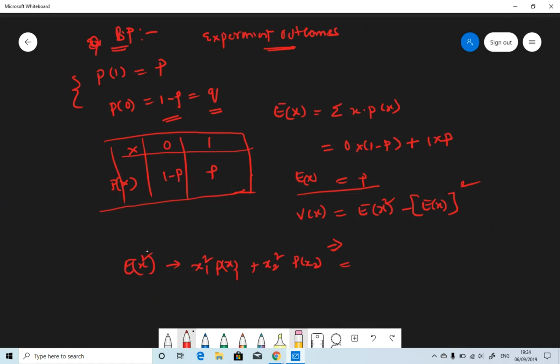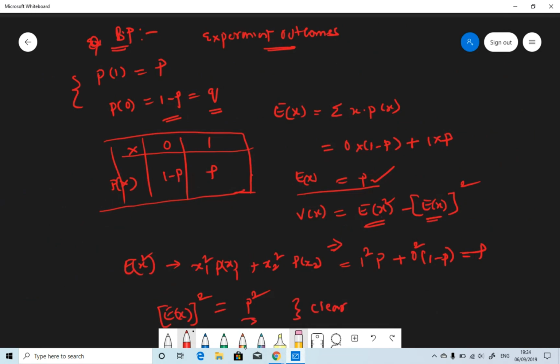So 1 square into p plus 0 square into 1 minus p equals p. Now E of x whole square will become p square. Till this point clear? Guys, understood or not?